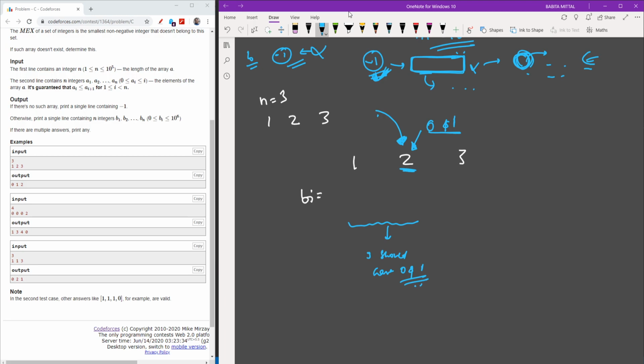Now what if here I also had 1? Now up to here I should have 0 only, and no other restrictions.